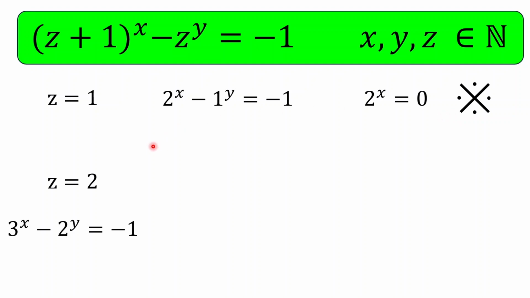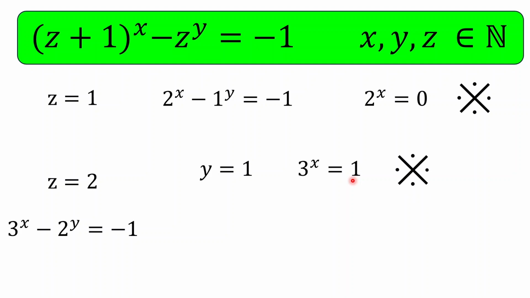The second scenario, z is equal to 2, and we have this equation. Now we have to investigate several cases. For example, if y is equal to 1, what happens? Then this is 2, minus 2 goes to the other side as plus 2, so 3^x is equal to 1, and x has to be 0, but this is not a natural number.